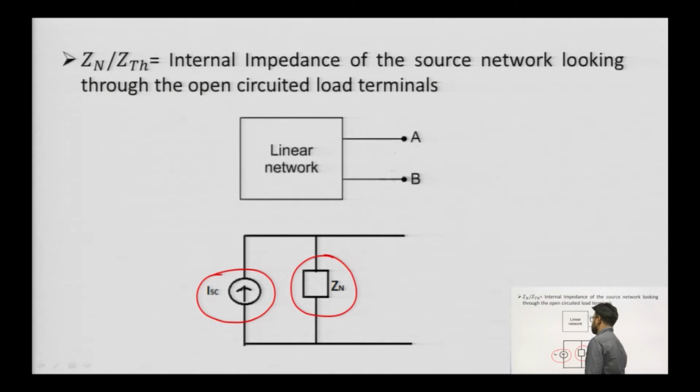That current source is termed ISC, the short circuit current, and that impedance is termed Zn, Norton's impedance. Now we will see how to find the value of ISC, the short circuit current, and the value of Zn, which is the same as the Thevenin impedance.